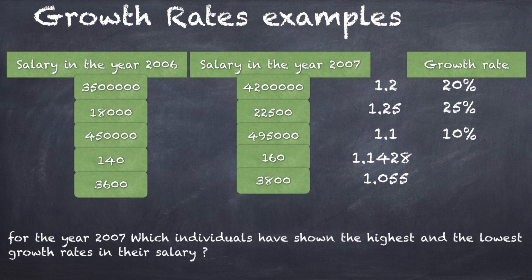Let's shorten the process for the next one. 1.1 would simply mean that 4,95,000 is 10% more than 4,50,000, or 4,95,000 is 110% of 4,50,000.